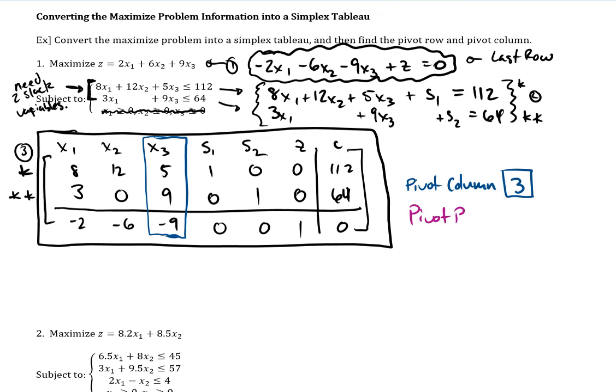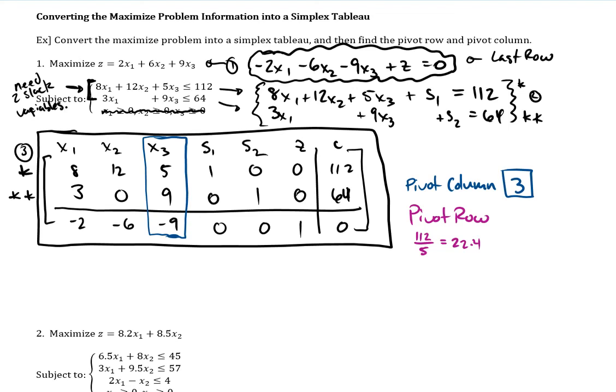And then to find the pivot row, you take your constant value and divide it by the entries in the pivot column. So I've got 112 divided by 5. 5 goes into 11 twice, and then another 2, and then 4.